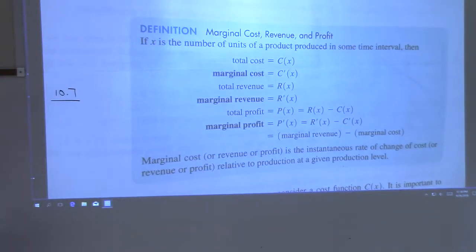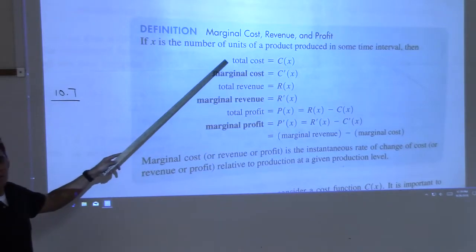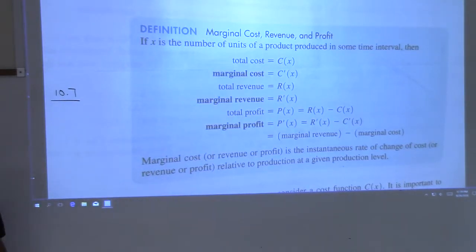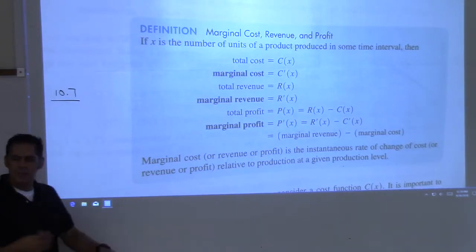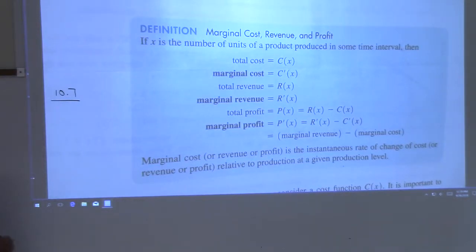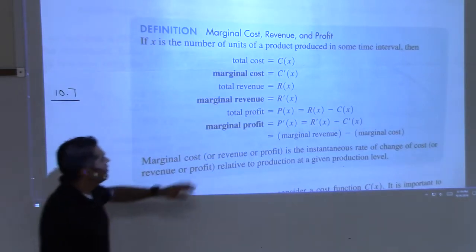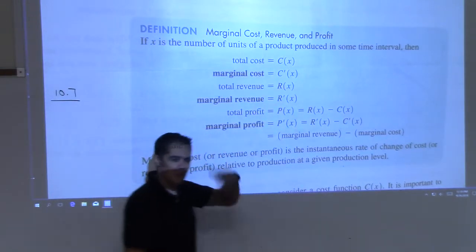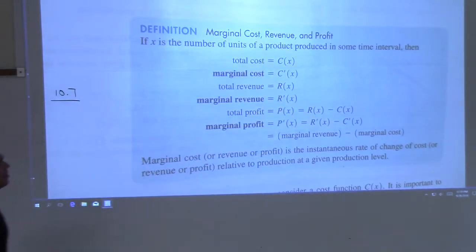All right, so we have some definitions. First of all, our cost. So, in 1324, you talk about a cost function. Your company has to take into consideration different things like labor cost, maybe the electricity to keep your building open, things like that. So you're going to have your cost function. We usually represent that capital C of X, right? We've seen that? Okay, so now we have a new definition.